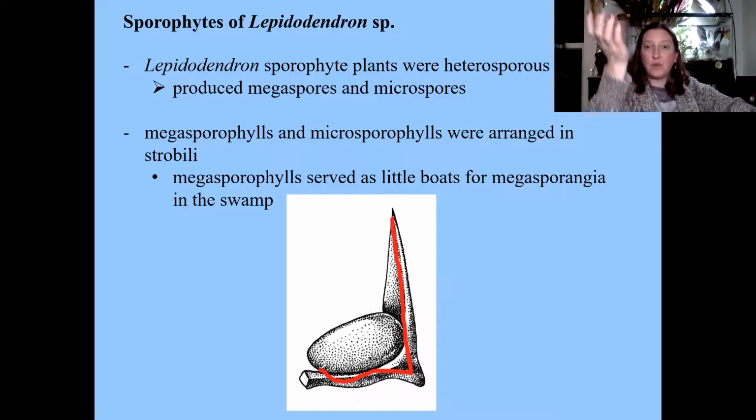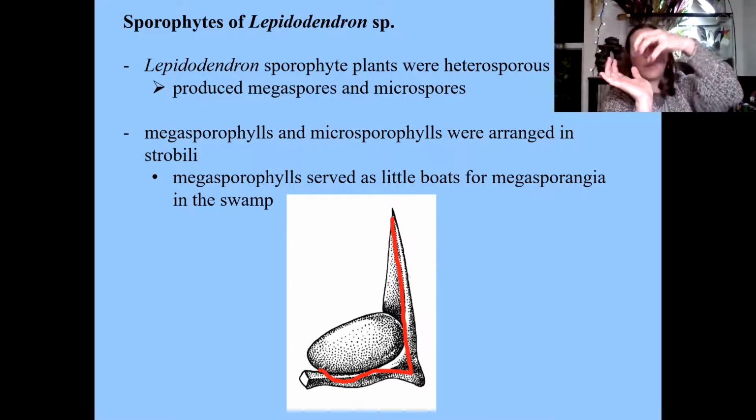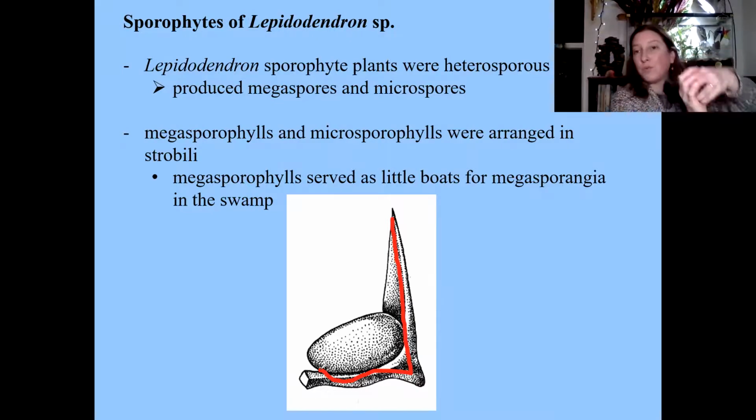So the megasporophyll would fall off, land on the water of the swamp, and the megasporangium would still be on it, and it would just kind of float by on this little boat.